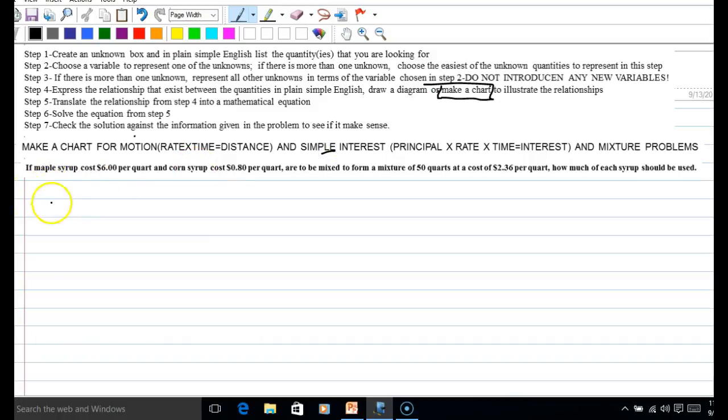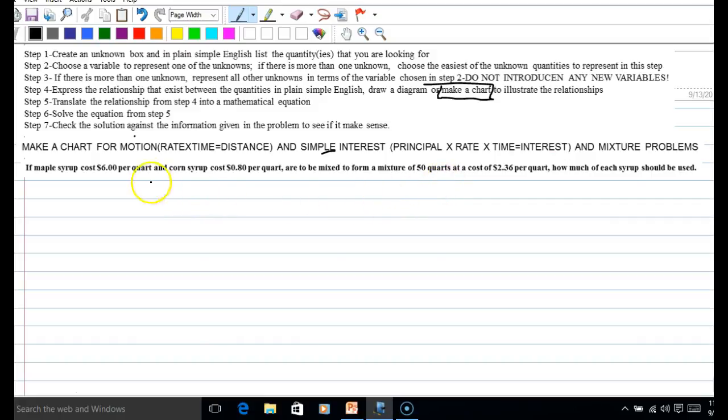So here we have what we call a mixture problem. If maple syrup costs $6 per quart and corn syrup costs 80 cents per quart, and they're to be mixed to form a cheaper mixture of 50 quarts at a cost of $2.36 per quart, how much of each syrup should be used?